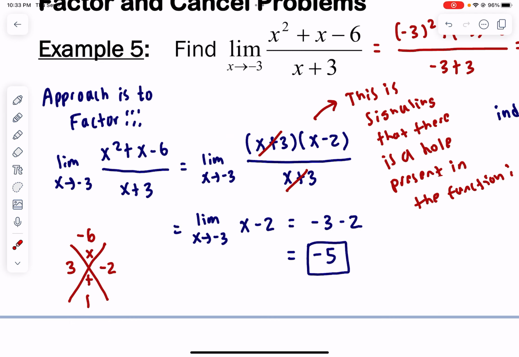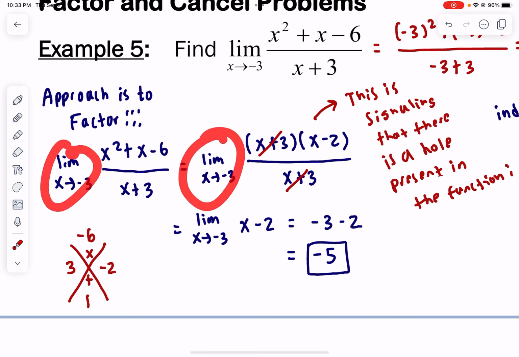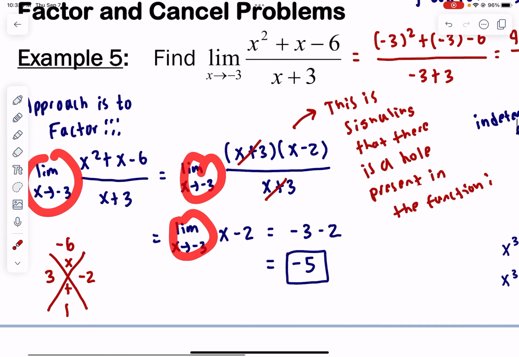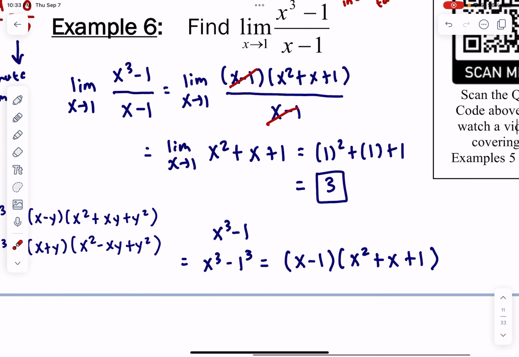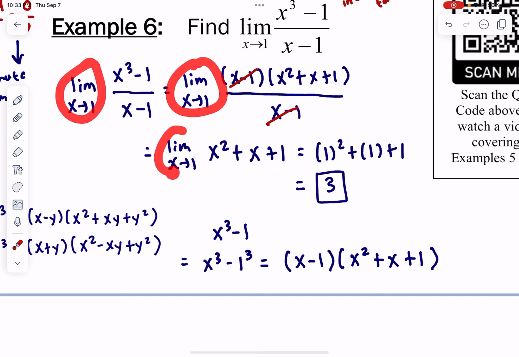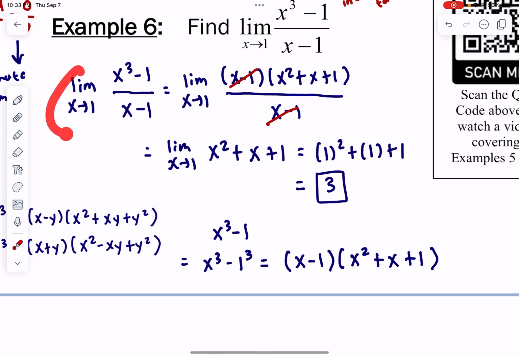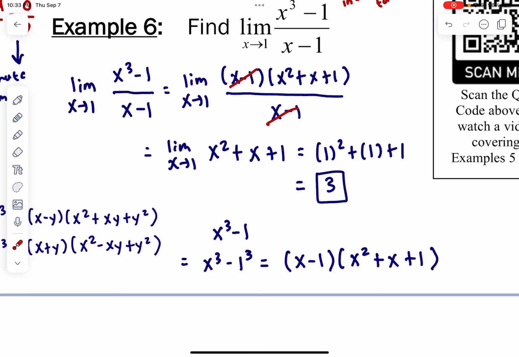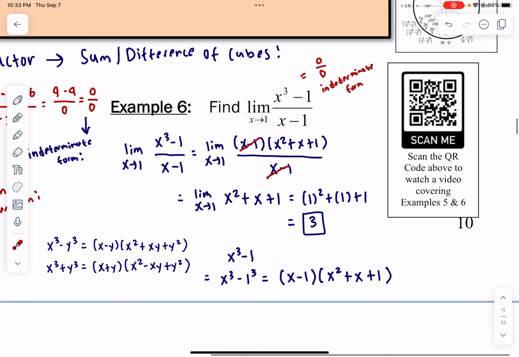I cannot emphasize how important that is. You have to make sure that you carry the limit as you're simplifying along the way. And if you look back at example 6, that's exactly what we did here as well. So we kept that limit notation all the way through until we plugged in our x value. So you have to be consistent with the limit notation along the way. All right.